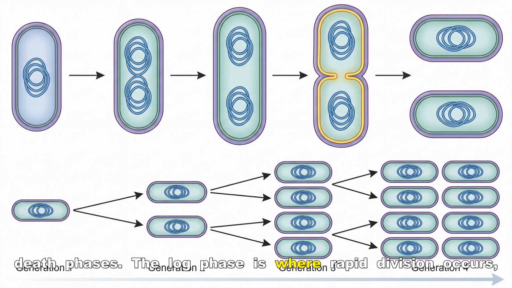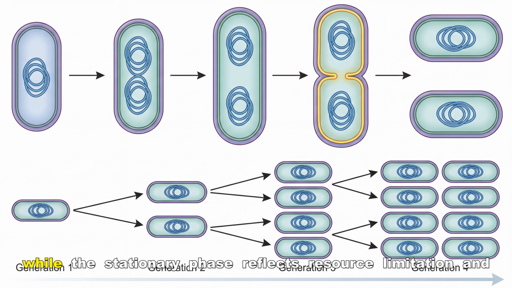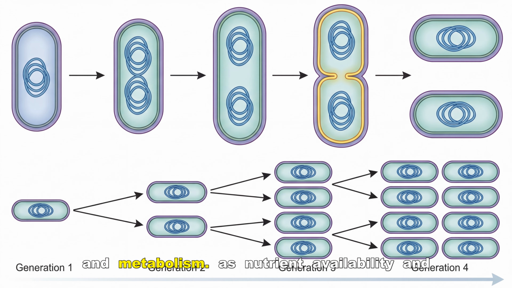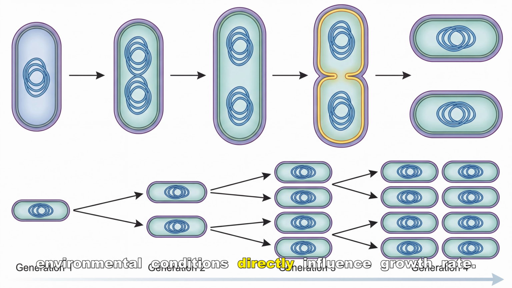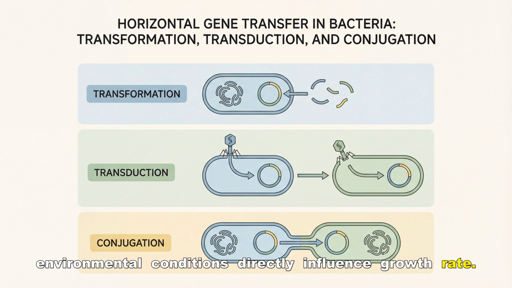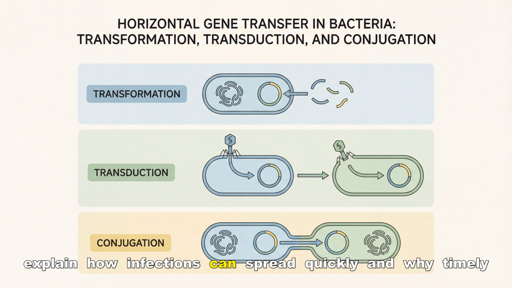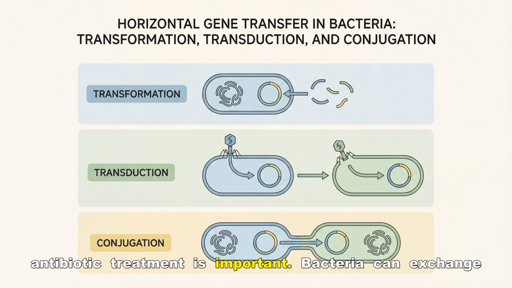The log phase is where rapid division occurs, while the stationary phase reflects resource limitation and waste accumulation. This concept connects to biochemistry and metabolism, as nutrient availability and environmental conditions directly influence growth rate. Additionally, understanding rapid bacterial reproduction helps explain how infections can spread quickly and why timely antibiotic treatment is important.